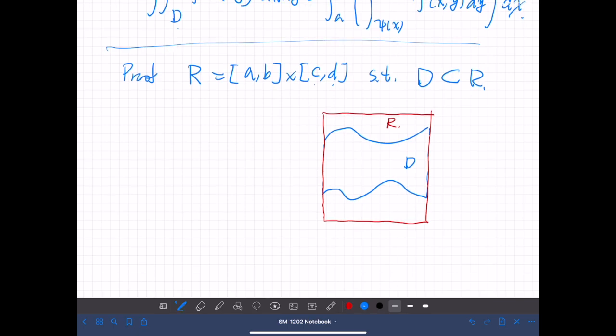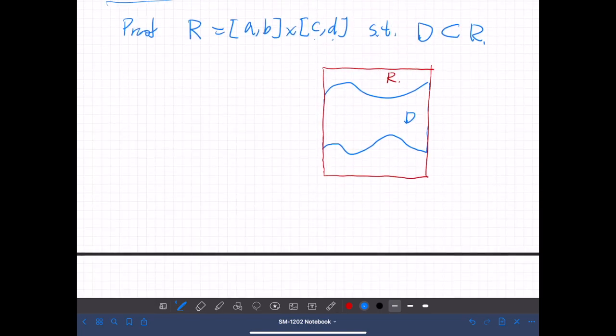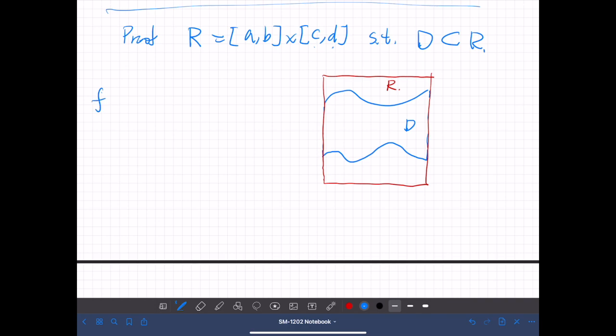And we define a new function, just like we've done before. Let's define f tilde of x and y as f of x, y if (x, y) is in D, and otherwise 0.